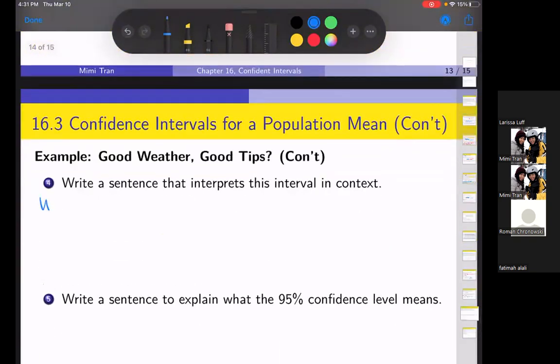So we are 95% confident. Again, it's not always 95%, okay, it depends on what I give you.